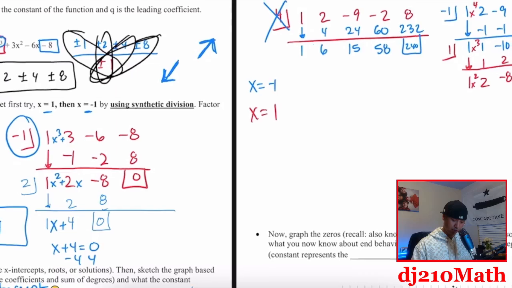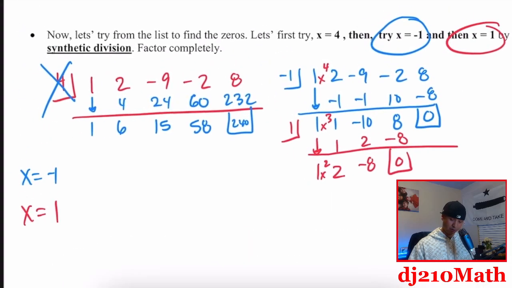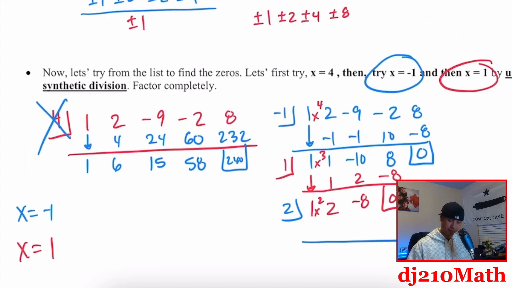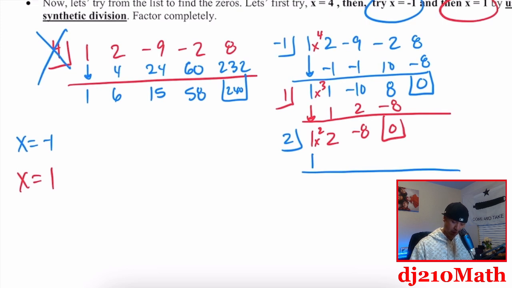We know that 2 works. So if we try it with 2, 2 is definitely in our list. If we bring down the 1, 2 times 1 is 2, plus 2 is 4, times 2 is 8, we get 0.